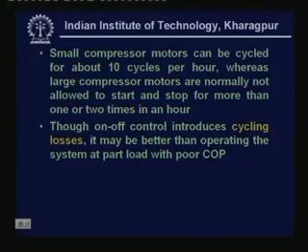Though on-off control introduces cycling losses, it may be better than operating the system at part load with poor COP. What happens during on and off? For example, in a domestic refrigerator we typically use a capillary tube as an expansion device. When you switch off the system, there will be a pressure equalization. That means the entire system pressure will reach an equilibrium value.